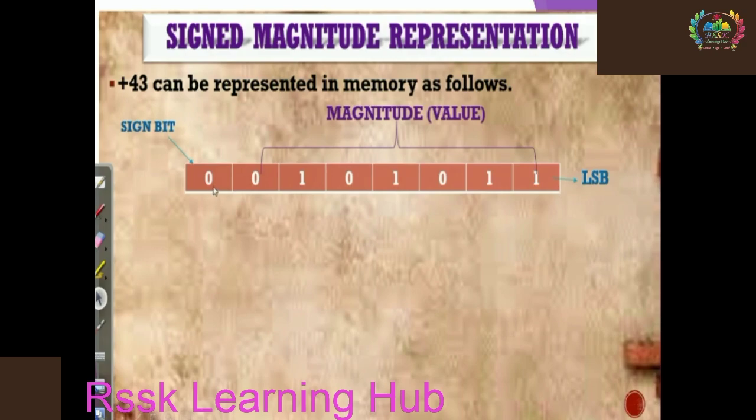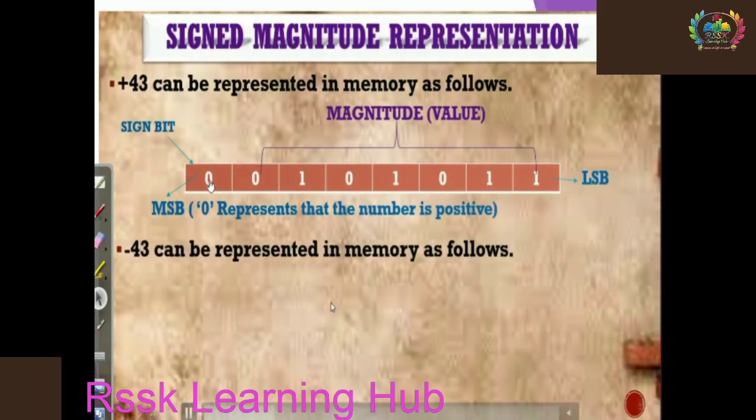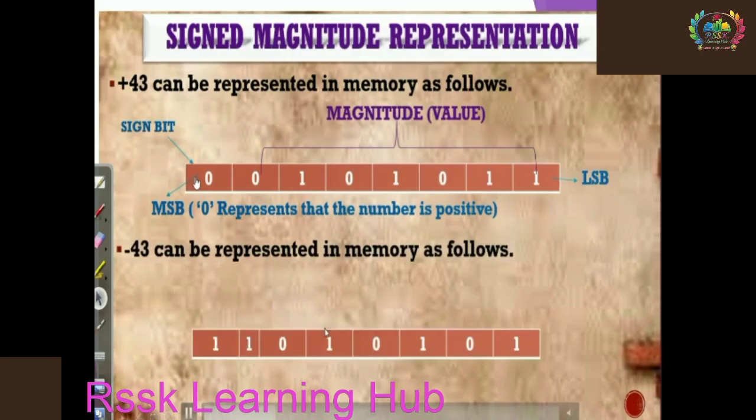Now calculate: 0, 0, 1, 0, 1, 0, 1, 1. 1, 2, 3, 4, 5, 6, 7, 8. So totally 8. 7 bits are used to indicate your value, and 1 is your sign bit, so the 0 is your sign bit. These are all the magnitude value of 43, and this is the least significant bit, LSB. And here the leftmost is the most significant bit, represented with 0. So it indicates 43 is a plus number.